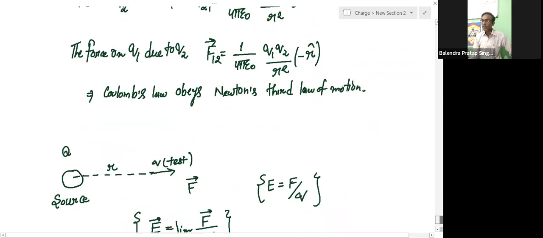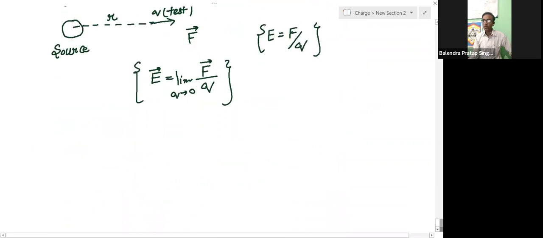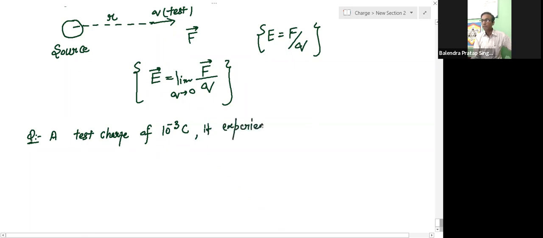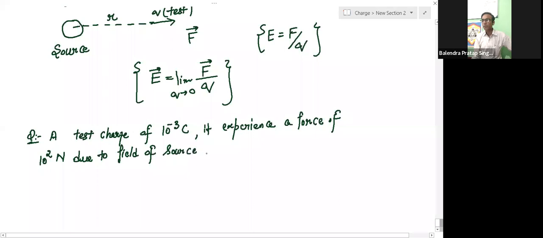Okay. So now let's do a very small problem on this formula, E is equal to F upon Q. Suppose a test charge of 10 raised to the power minus 3 Coulomb experiences a force of 10 raised to the power 2 Newton due to the field of a source charge.